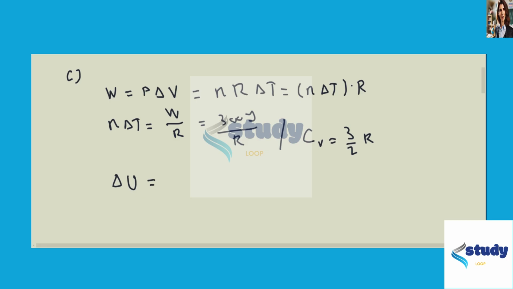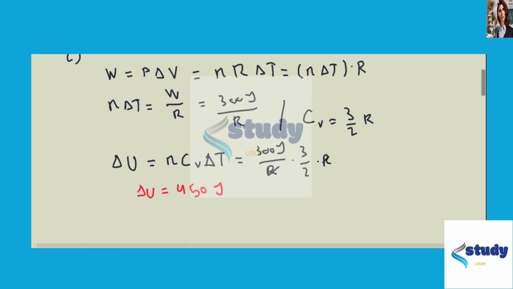So delta U equals n times Cv times delta T, which when we substitute equals 300 joules over R times 3 halves times R. So this will cancel out. And when we evaluate this, we obtain that delta U equals 450 joules.